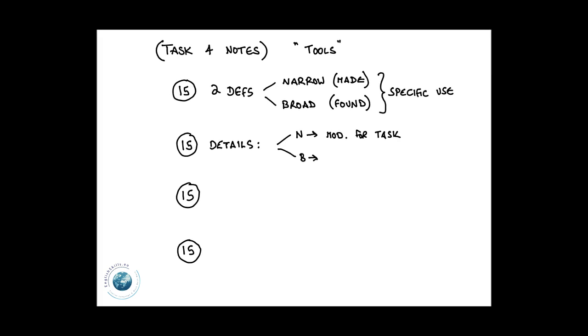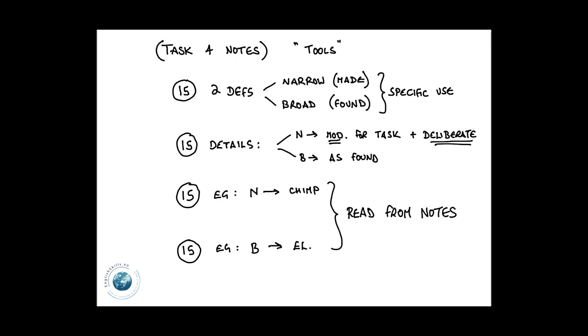Next up, in the next 15 seconds, I focus on details of the narrow, modified for a specific task, deliberate decision and design, contrasted with no modification and used as found. And of course, for a specific task. Right, the last 30 seconds, I look at both examples. The chimp, by the 30-second mark, we want to be doing that.